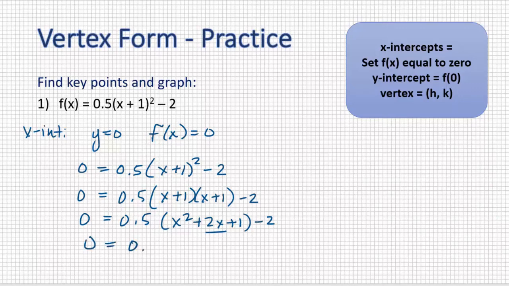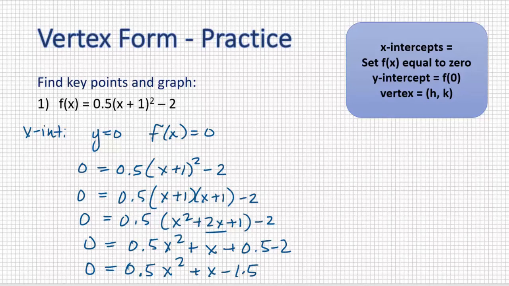So we have 0 is equal to 0.5 x squared plus 1x, which of course we're just going to write as x, and then 0.5 times 1 is 0.5. Subtracting a 2 at the end there gives me a final version, 0.5 x squared plus x minus 1.5.